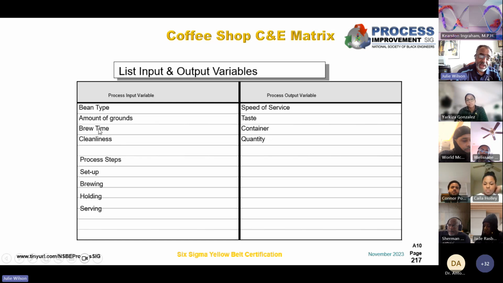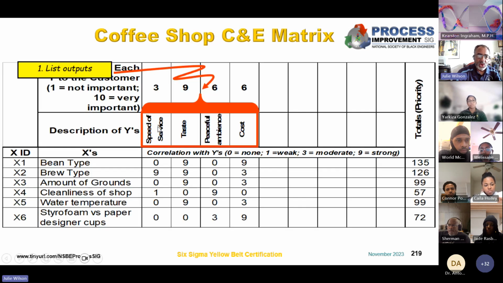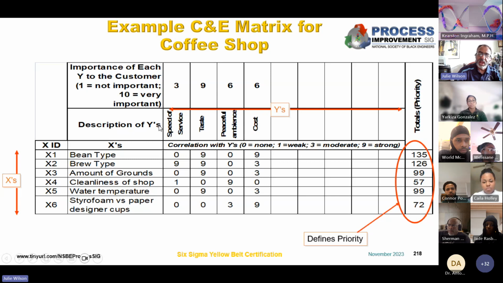Remember, process inputs would be the ingredients, the coffee beans, the water, the condiments. I don't know what you call sugar and cream, whether it's condiments or what you call those. And of course, those are the process variables: the brew time, how long do you allow the coffee to sit in the coffee pot before you serve it, type of a thing.